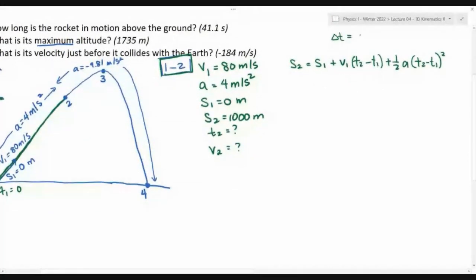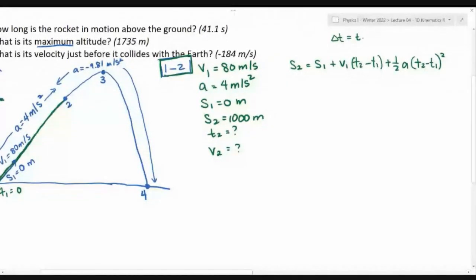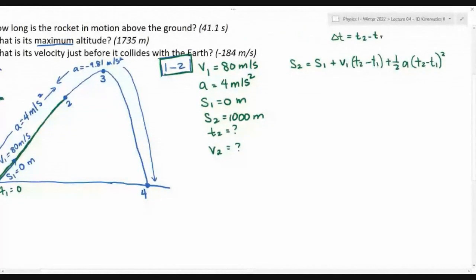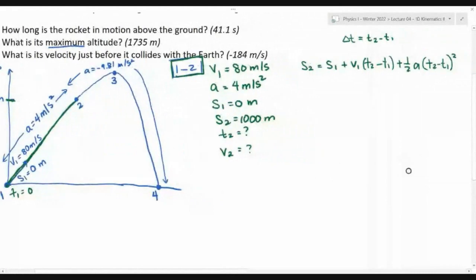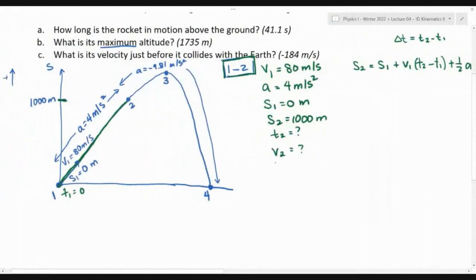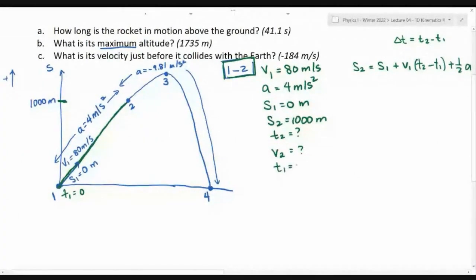Delta means change in, so it just means T final minus T initial, and I'm using 1s and 2s instead. So my T1 is just 0.